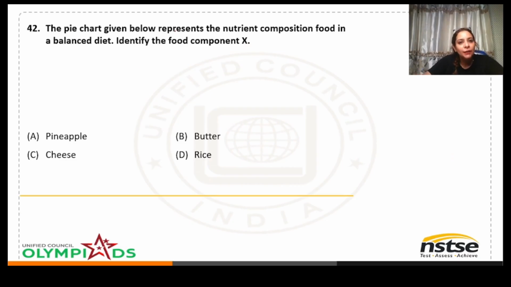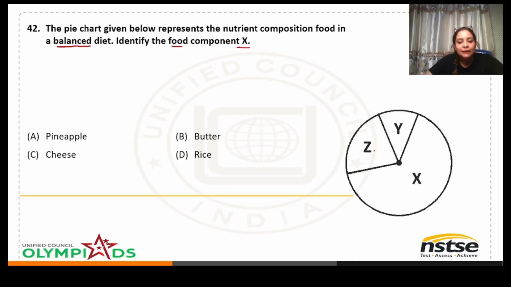The pie chart given below represents the nutrient composition of food in the balanced diet. Identify the food component X. So here we have got a pie chart. You can see that this pie chart reveals that it has got a major content of X, then it has some portion of Y and some portion of Z. Or we can say that X is more, then comes Z, and then the least is Y in it.